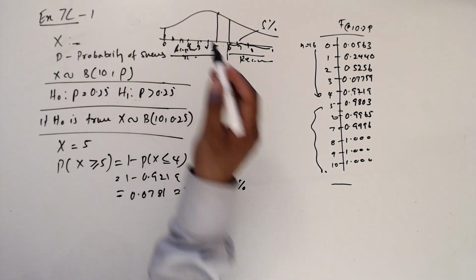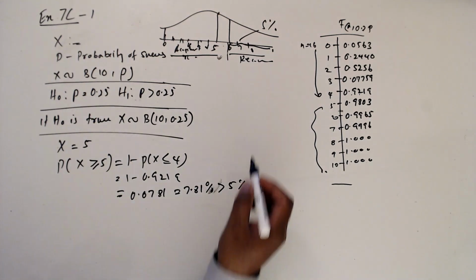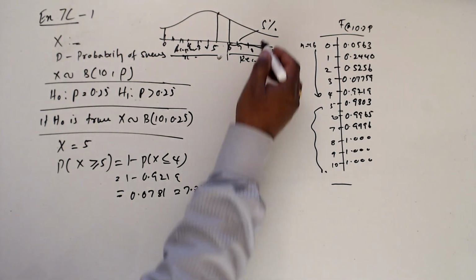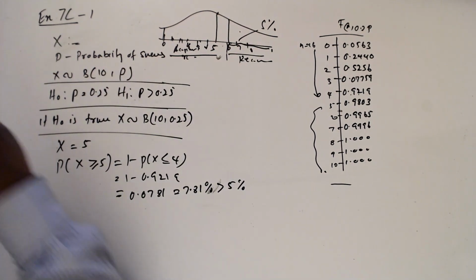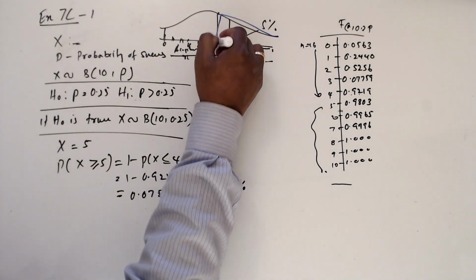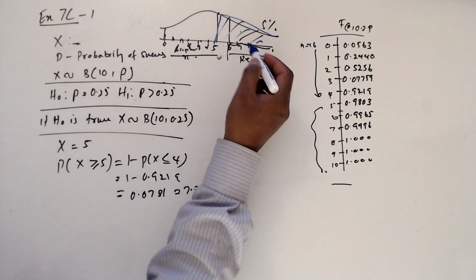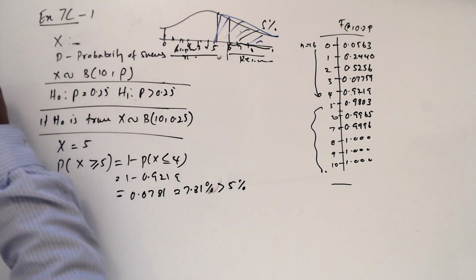The value 5 is in the acceptance region, because up to here is 5%, and this 7.81 probability goes up to here. It means 5 lies outside the critical region.